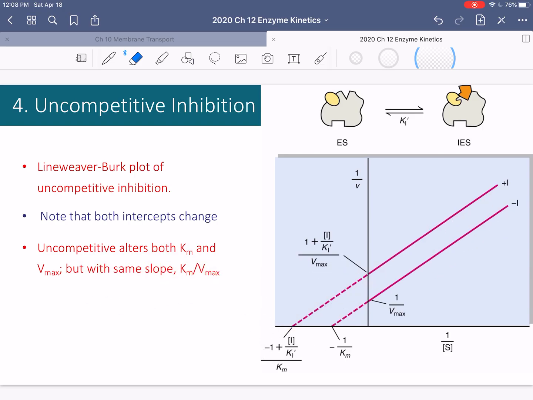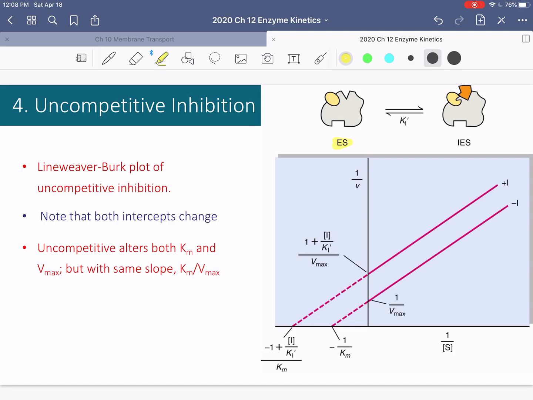So what might be explaining uncompetitive inhibition? This is the one that's the hardest to wrap my brain around, so I can imagine this would be hard for anyone. What's going on here is your substrate is bound to the enzyme in the enzyme substrate complex, and then the inhibitor binds.